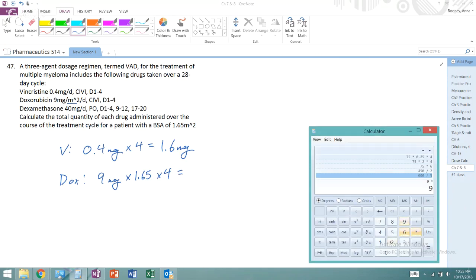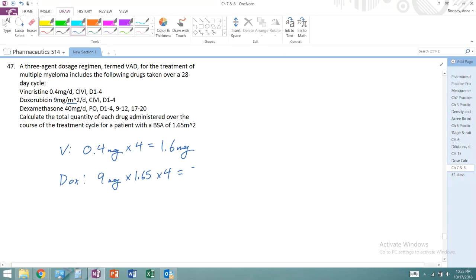So 9 times 1.65 times 4, that's 59.4 milligrams of dox.